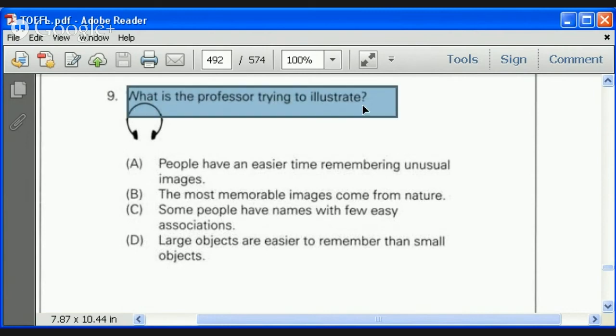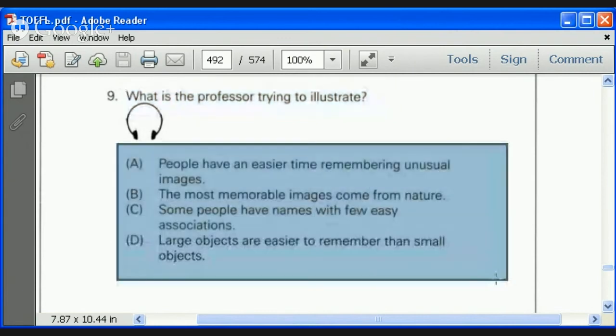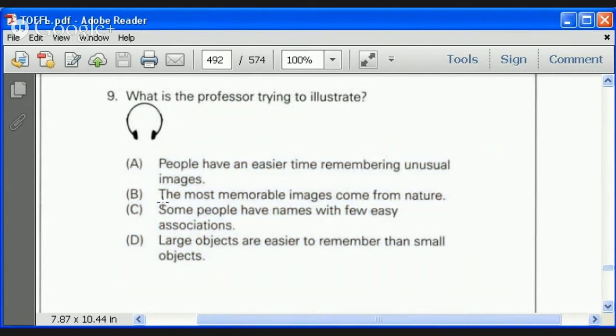The narrator would come on and say, "What is the professor trying to illustrate in this part of the lecture?" And then you would hear the professor talking. I don't even need to do that because just looking at the answers, I already know what the answer is without even listening to it.